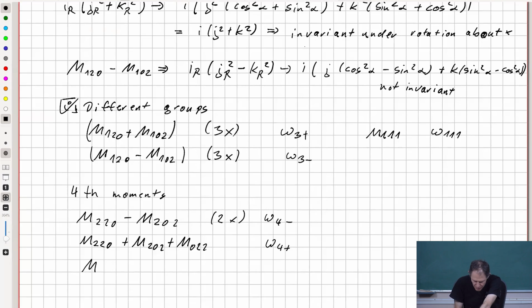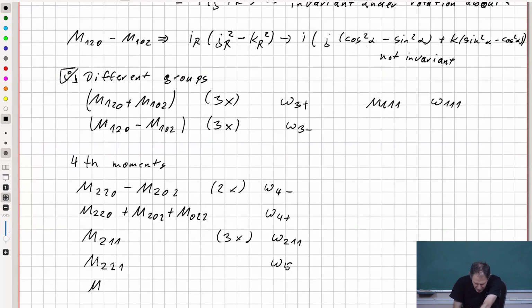Then there's M211. Again, of these we have 3 permutations. I give this the relaxation rate omega 211. And then we have M221. We give this omega 5. And then we have M222 with omega 4.